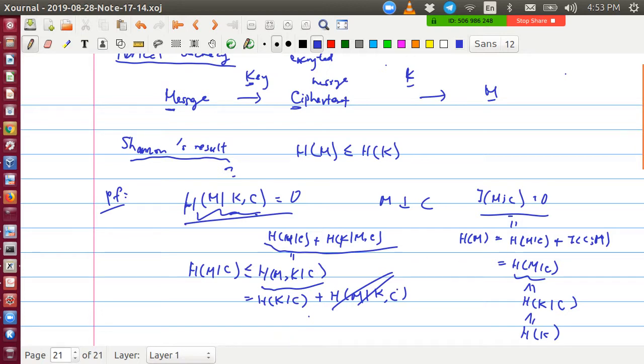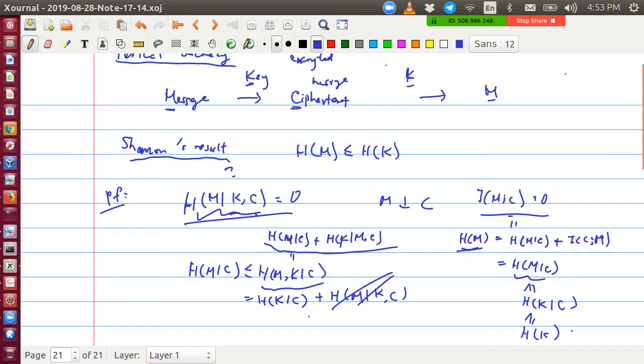So therefore you see we have basically H(M) is just equal to H(M|C) if we assume C and M to be independent, and this one is less than or equal to H(K|C), and also conditioning reduces entropy, therefore H(K|C) is less than or equal to H(K), so therefore we have H(M) is less than or equal to H(K).